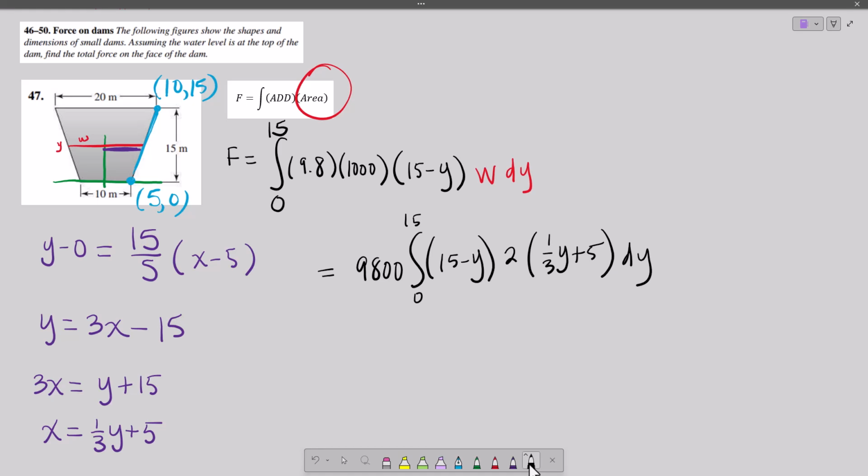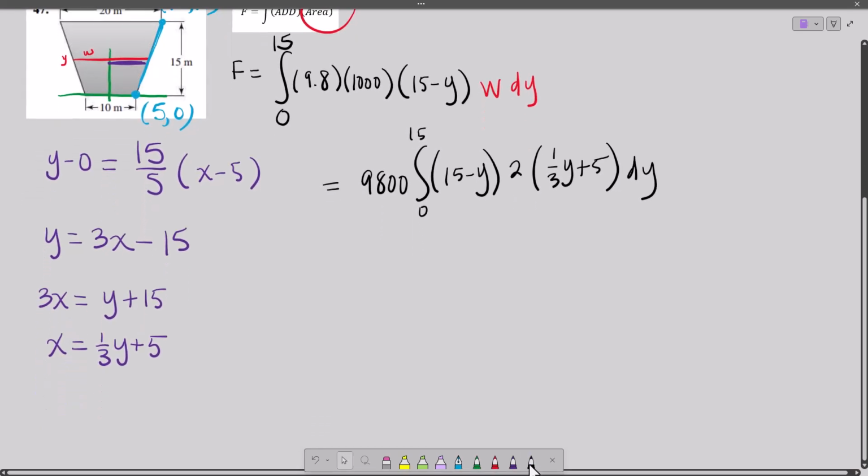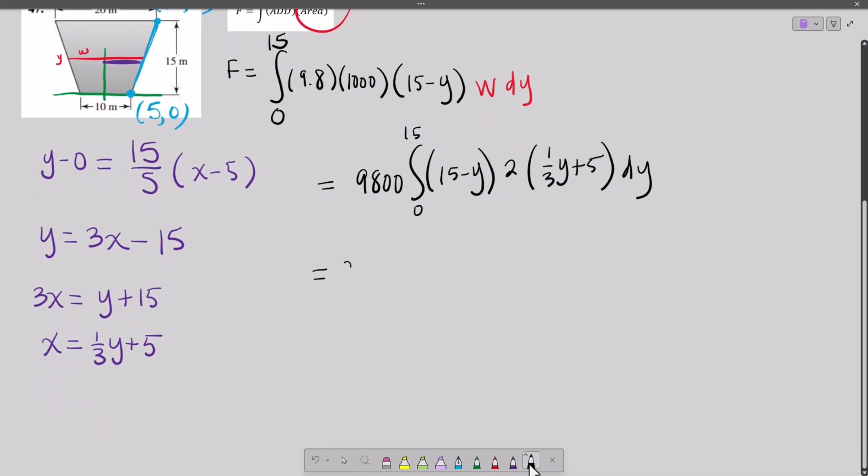So that is our integral. That's going to find the force on that wall. And that 2 can come out to the front. So we're just going to put a multiplication by 2, and then we're going to have to FOIL, or whatever you call it these days, distribute.